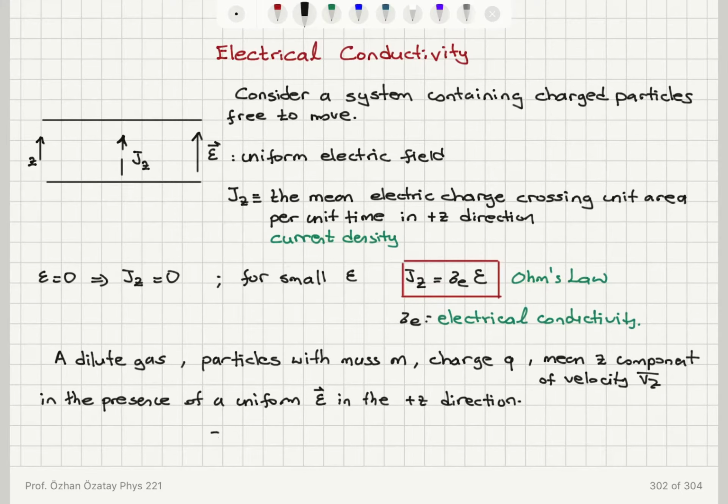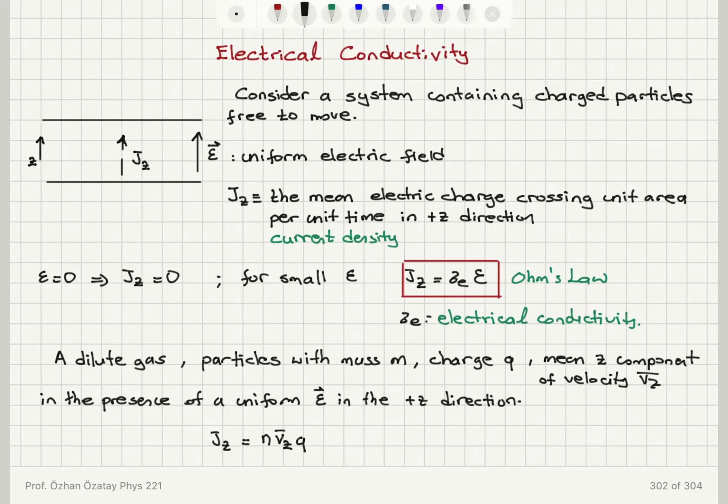So the current density Jz is the number of charges per volume n multiplied by their mean speed in the z direction and multiplied by the charge per particle.